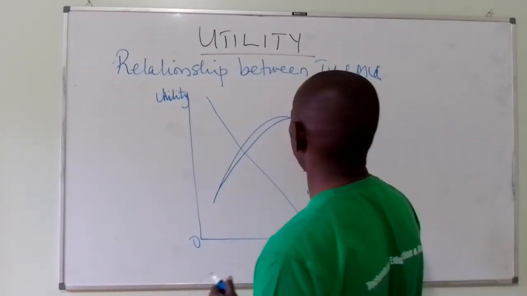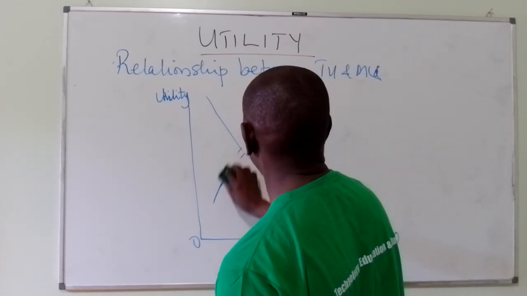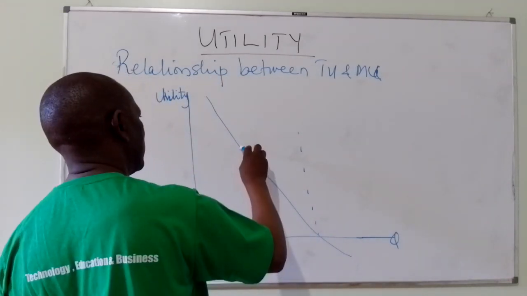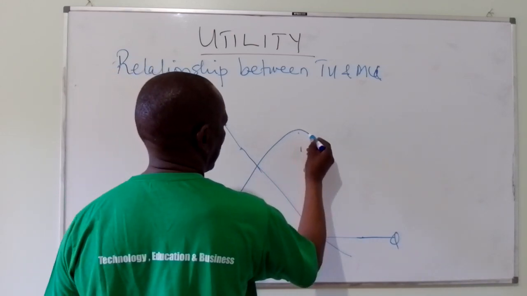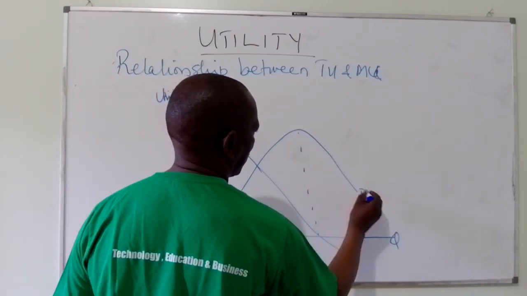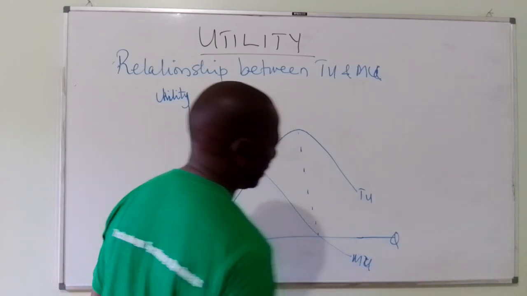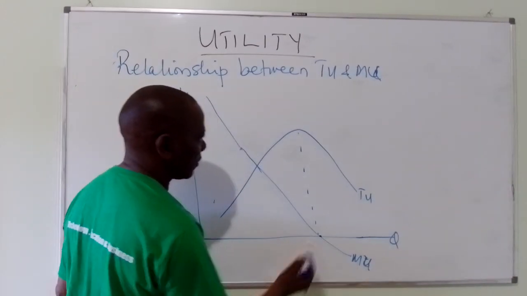There is a relationship between marginal utility and the total utility, and this is the diagram that is illustrating the relationship. Marginal utility, we said, crosses the x-axis. It can reach 0.